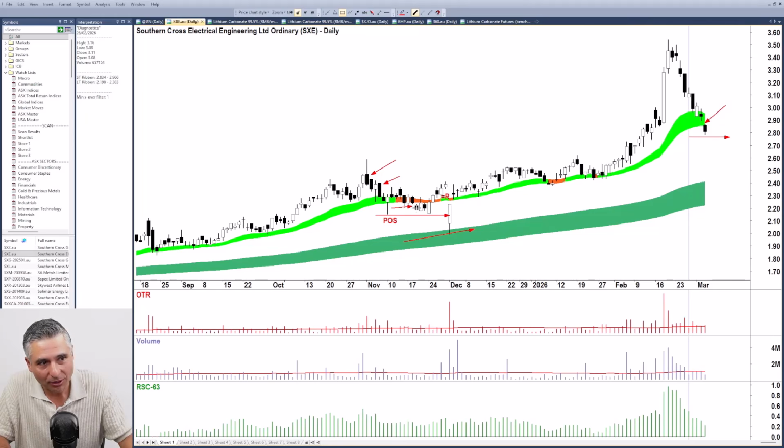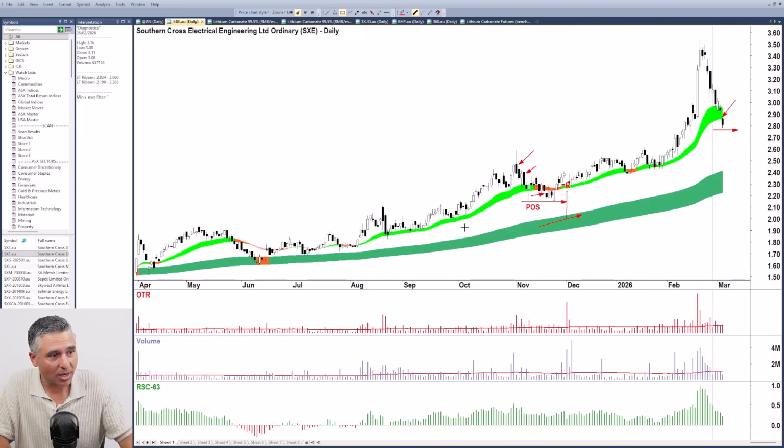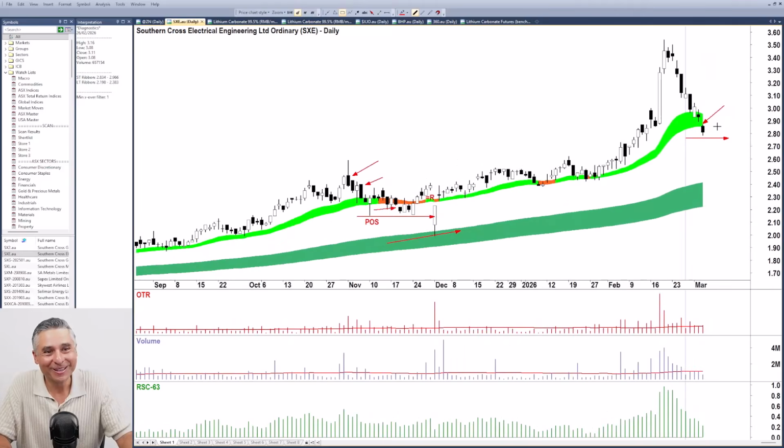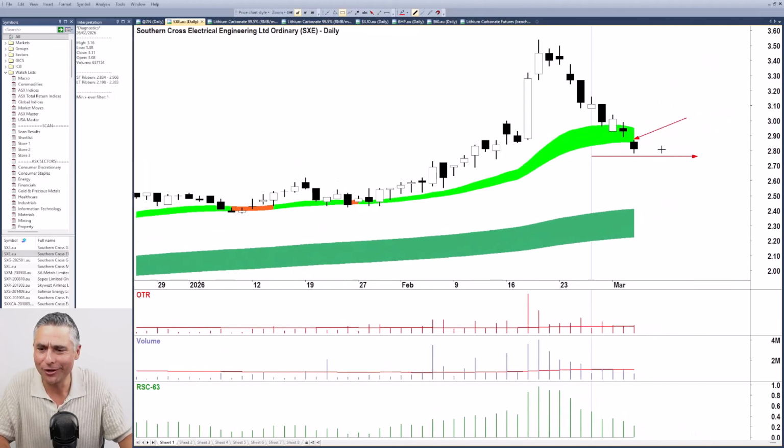Here it closed beneath it, maybe here it closed beneath it, and it actually turned to amber. So here's a false signal to exit. In all of these times, we've got one proper false signal to exit. If something's that reliable, why would you not follow it? Hopefully it's clicking. My point is, I don't want to be beneath the short-term trend ribbon.